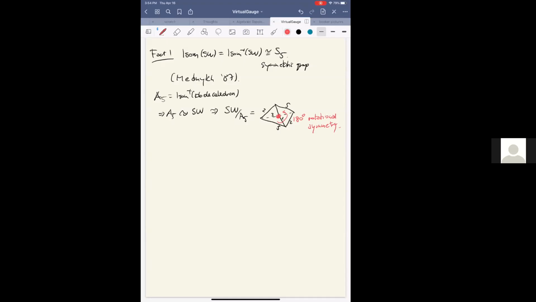And the cool thing is that this extra isometry is compatible with the isometries of Seifert Weber. So actually it gives you an isometry of the Seifert Weber space. I guess the non-trivial observation is that this induces an extra isometry of the Seifert Weber space.